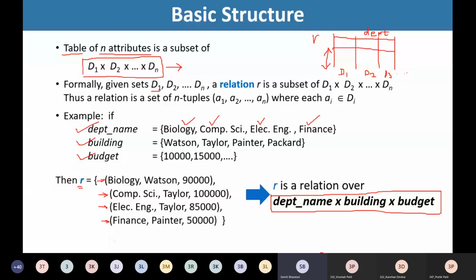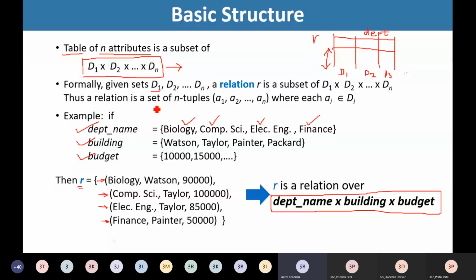Got it? So in general, what we are saying is a table or a relation of n attributes is a subset of the Cartesian product of the respective domains D1, D2 up to Dn. Thus, a relation is a set of n tuples.